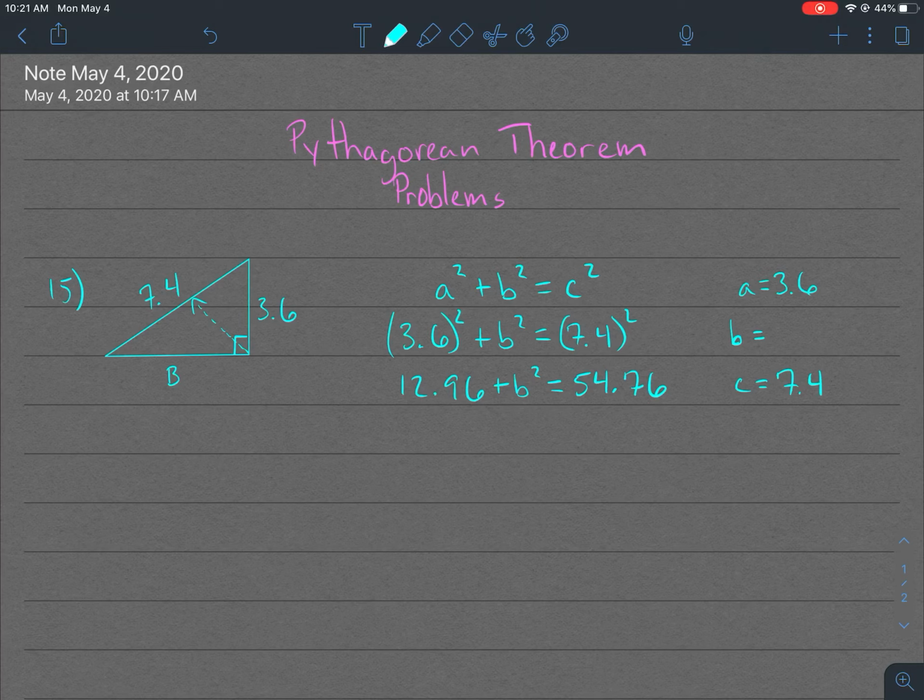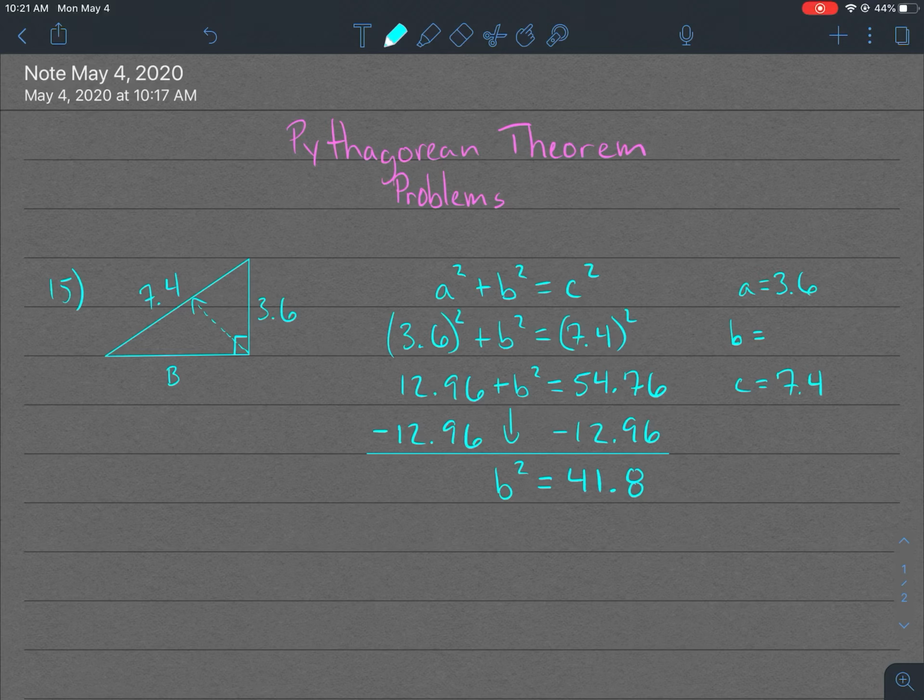Now, we have to get b squared all by itself. So in order to do that, we need to subtract 12.96 from both sides. And when you subtract 12.96 from both sides, you get 41.8. Your b squared comes down.